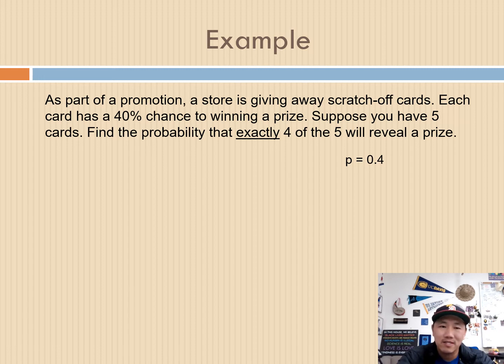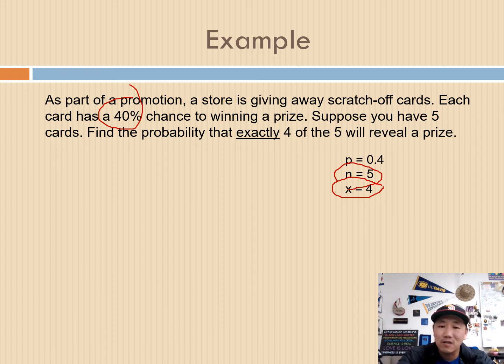That's the 40%. The total number of trials is 5 because you have 5 cards in your hands. 4 is the amount that you're hoping to get. Exactly 4 of the 5 should win.